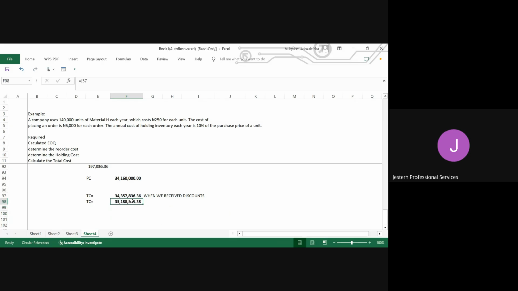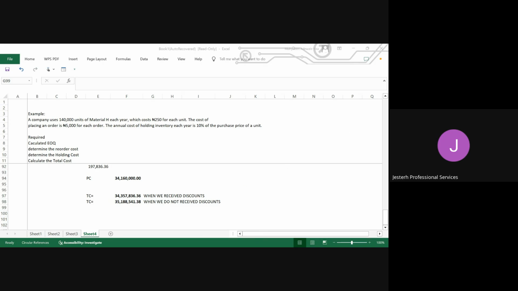See the differences now. When we do not receive discounts, it's now left to the organization to decide. The purpose of this is just to help an organization to minimize costs.